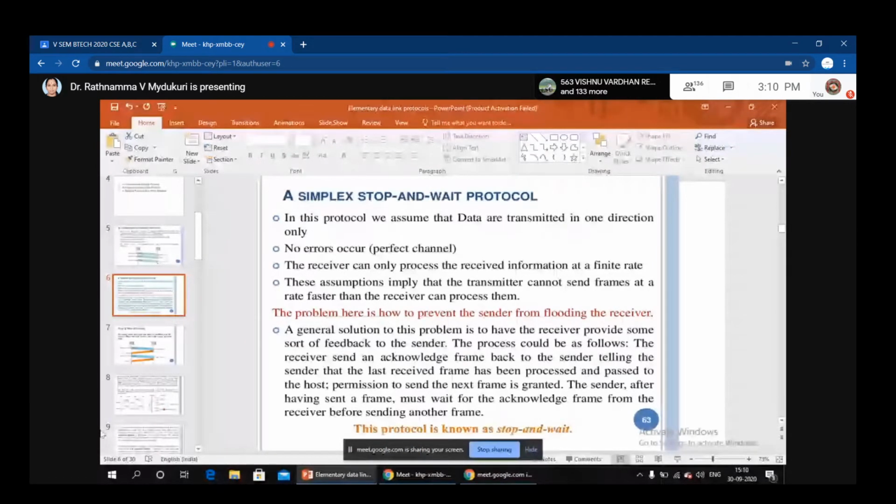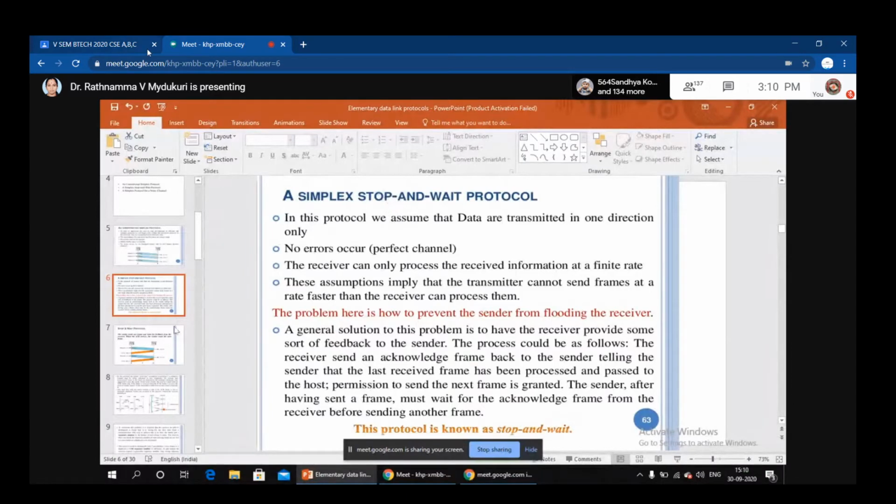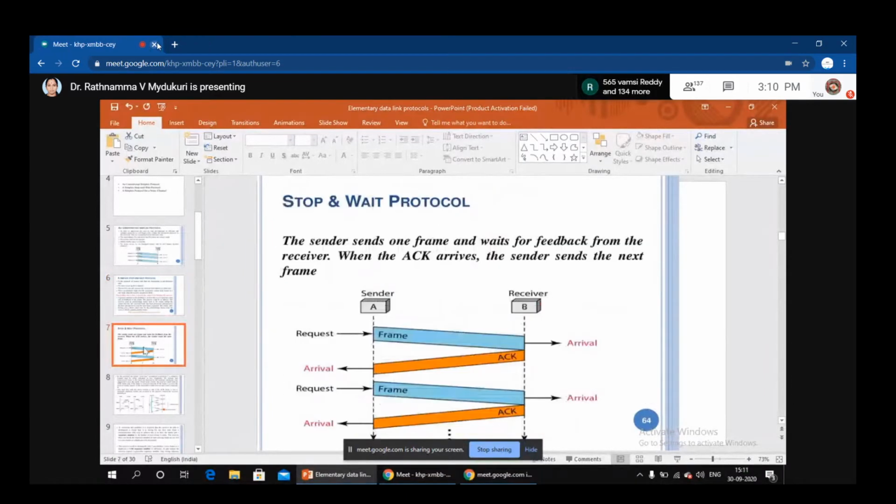For this purpose, we are going to have the next protocol called the stop and wait protocol. According to this protocol, what is happening here? Sender is sending a frame, but the second frame is not transmitted. It waits for some time. First it sends a frame, stops sending, and waits for the acknowledgement coming from the receiver to the sender.